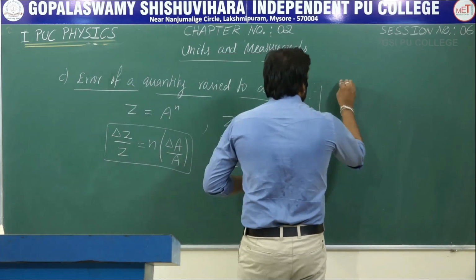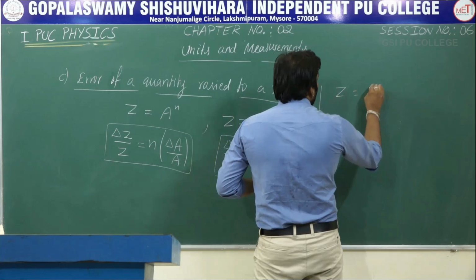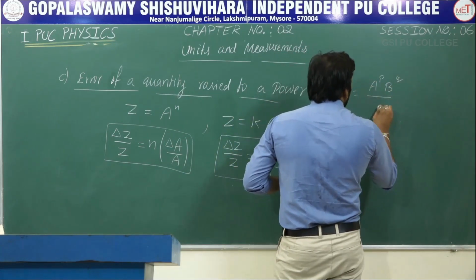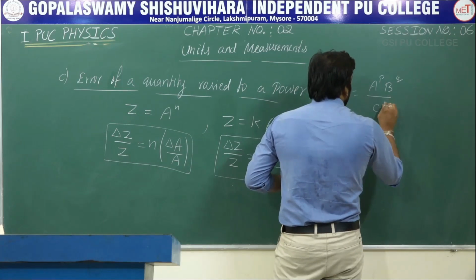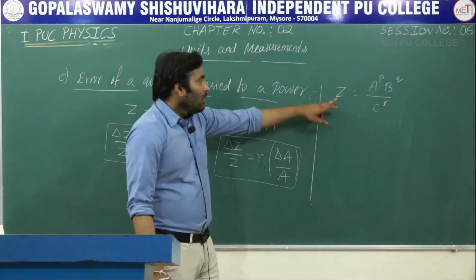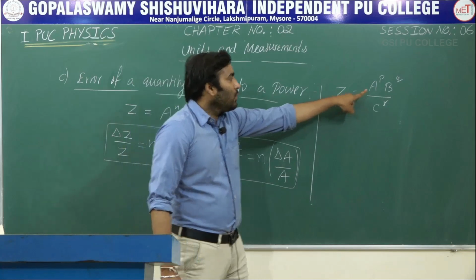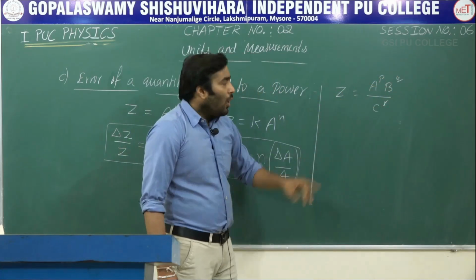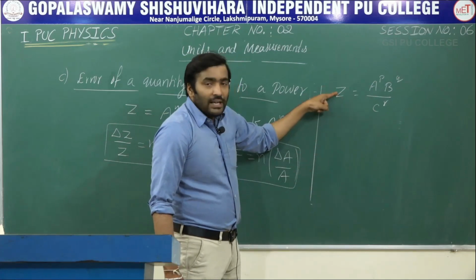And we have the equation like this now. Z is equal to some a power p, b power q divided by c power r. Okay, the quantity is like this. Z is equal to a power p, b power q divided by c power r. Now how do you write the error in z now?